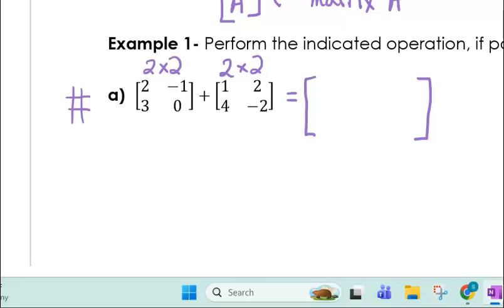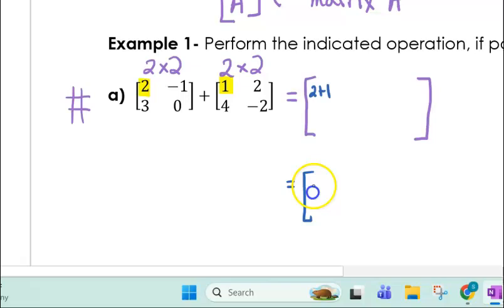This first 2 is in the first row, first column, and the 1 is the first row, first column. So you're going to do 2 plus 1. That number is going to be 3. Then -1 is in the first row, second column, and so is 2. So you're going to do -1 plus 2, and that number is going to be 1.